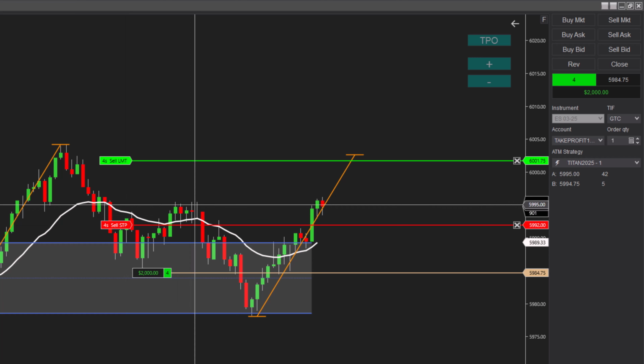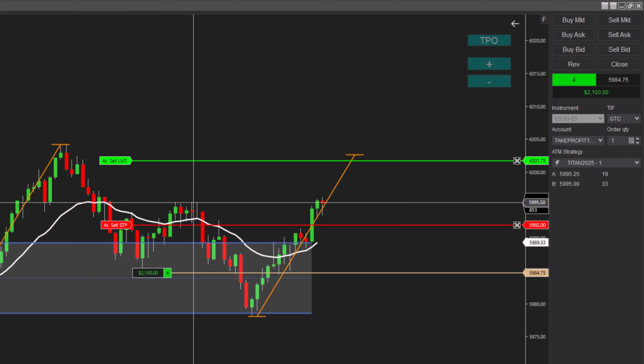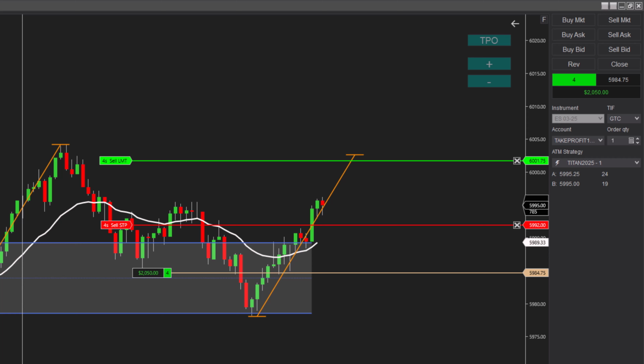We got through this area, but it didn't keep running, so lock in some more profit here.